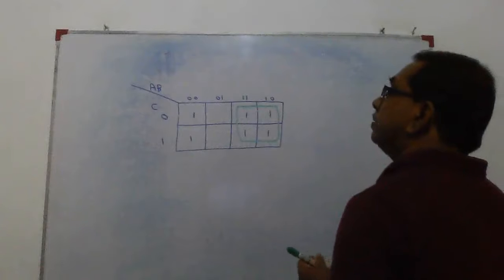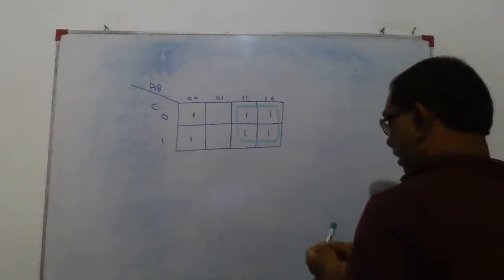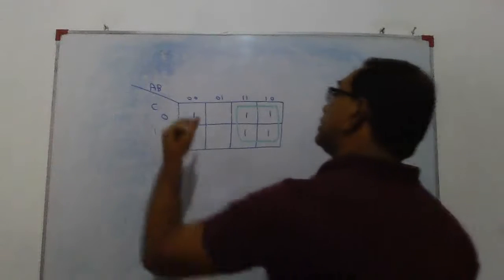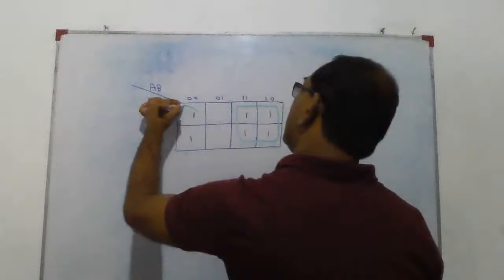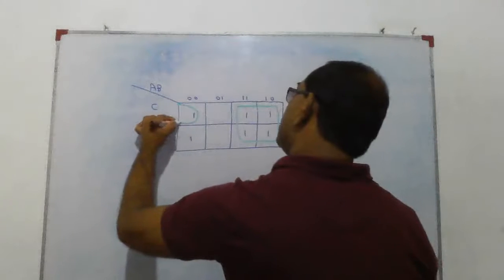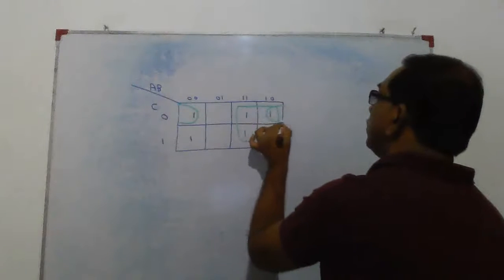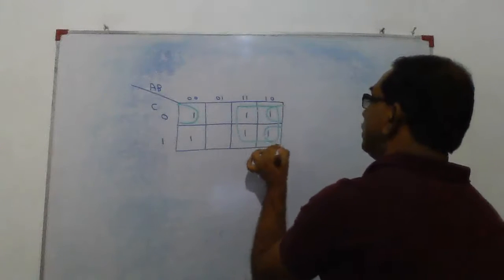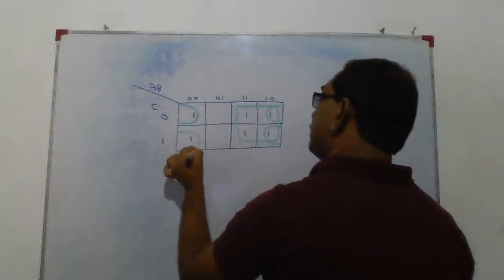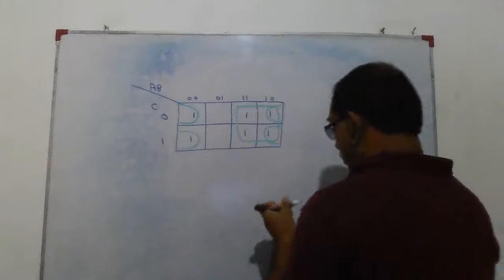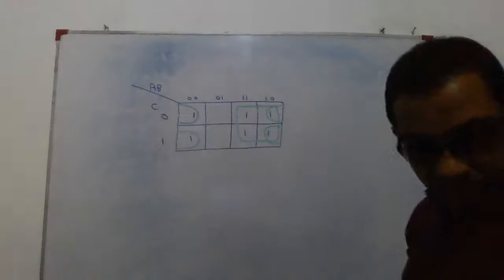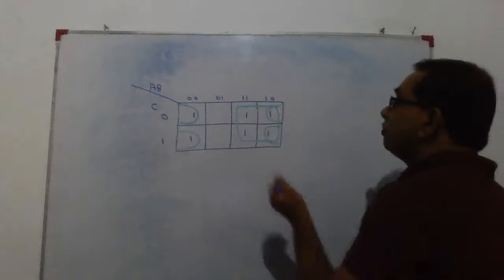So what is the way of grouping them? You draw something like this to cover. You draw a curve here. This curve, 1, 2, 3, and 4. How many groups have we got? There are 2 groups.